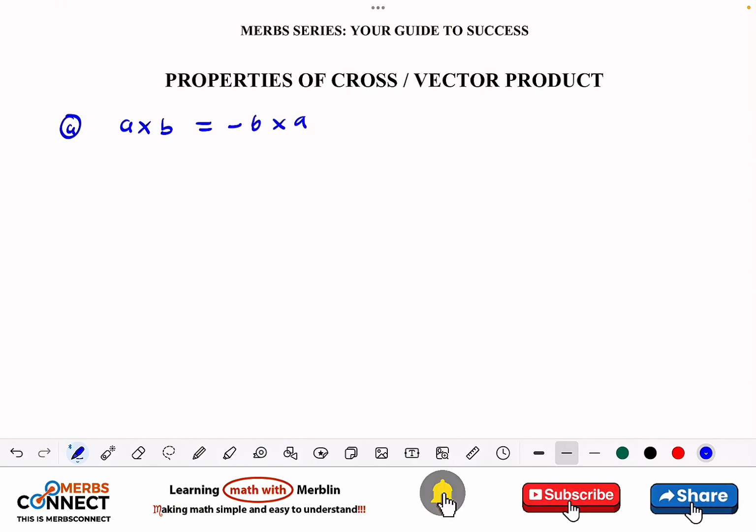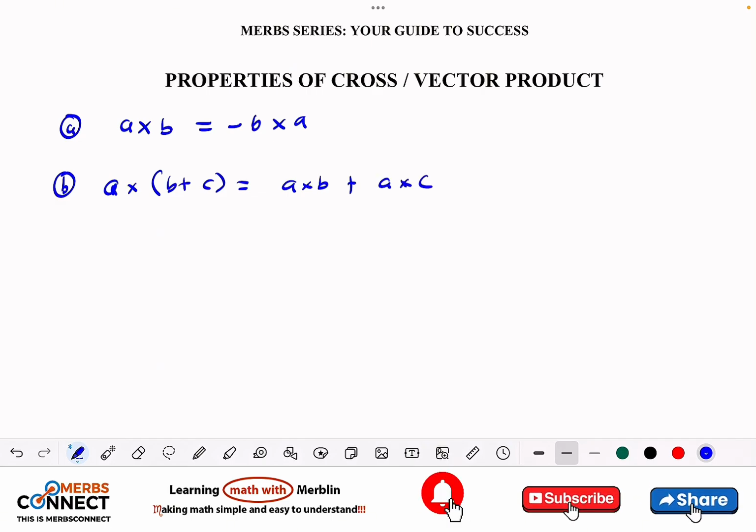That's one thing that you just need to have off the top of your head, right? And then if I have something like a cross b plus c, this is the same as a cross b plus a cross c, which is the distributive property here. Now let's assume that we have a scalar.